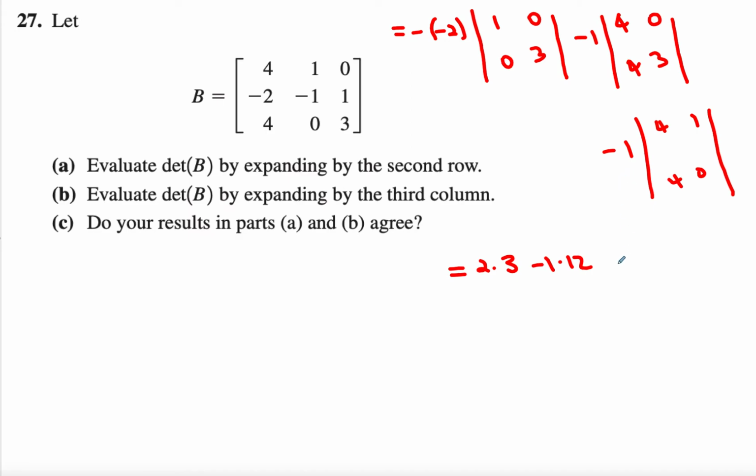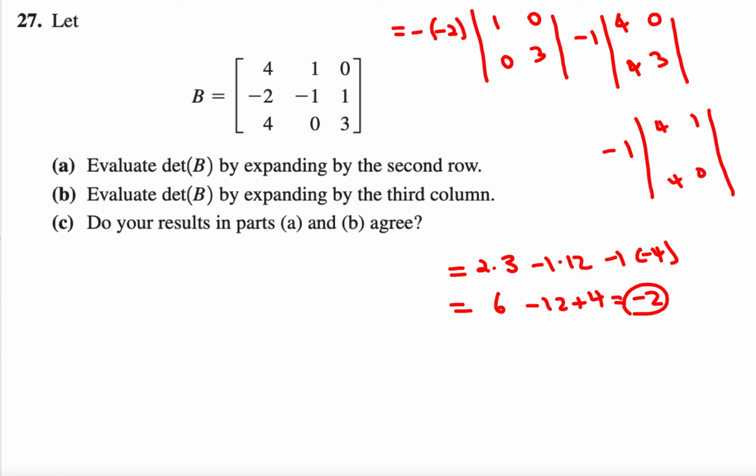Third one is -1 times -4. So what we end up getting is 6 minus 12 plus 4, which is equal to -2. So -2 is the determinant of this matrix when I expand it through the second row.